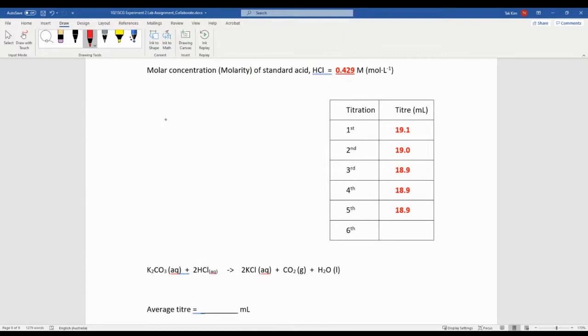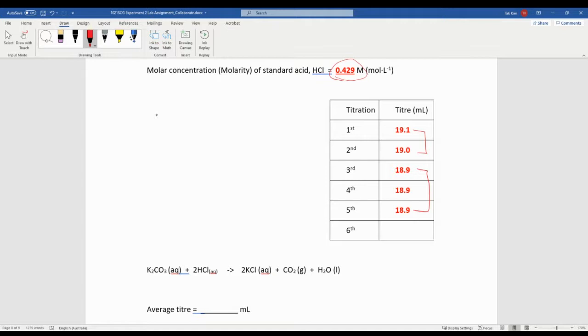So the molar concentration, the molarity of the standard acid, HCl, is given. It is normally written on the stock bottle, which is given at 0.492. This is a provided number within your lab class. And then this is the titration results from your experiment. You did 5 titrations, and you have 3 exactly the same value and 2 different values. Since the values are plus or minus 0.1 mL, you can add them and average them as an average titer.